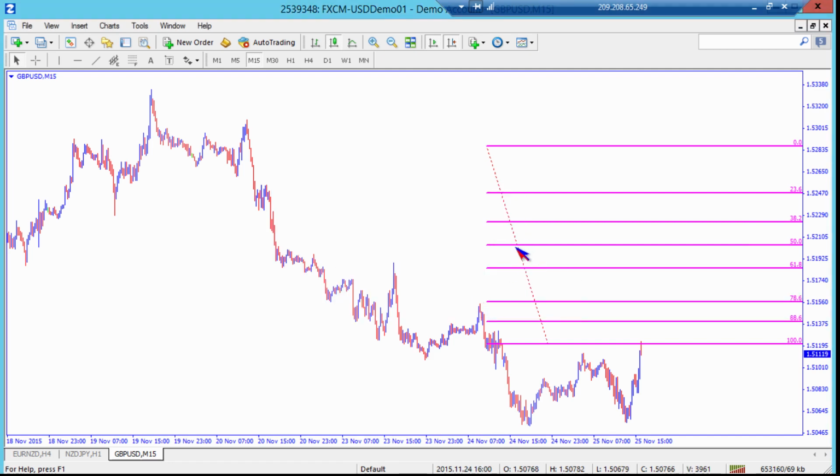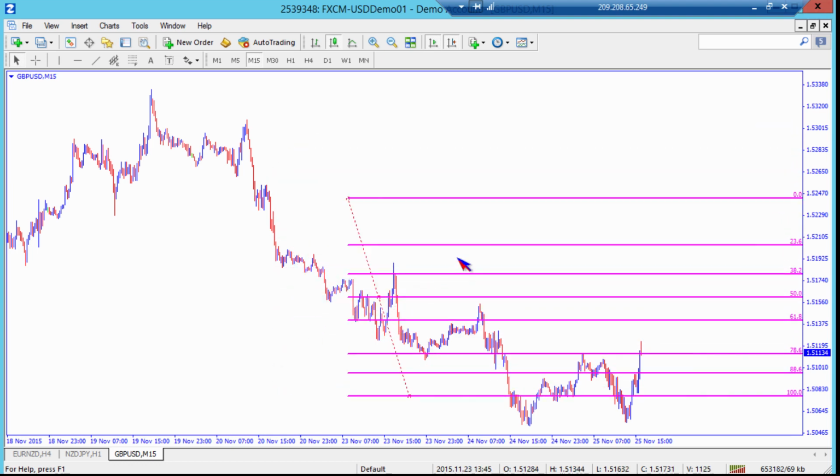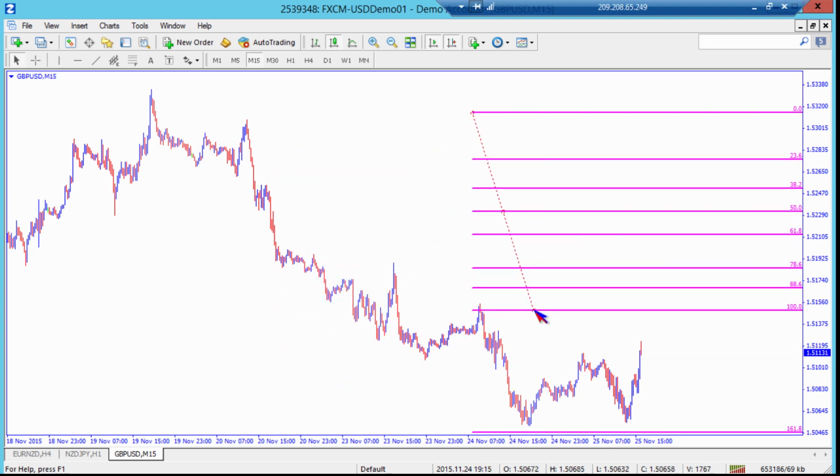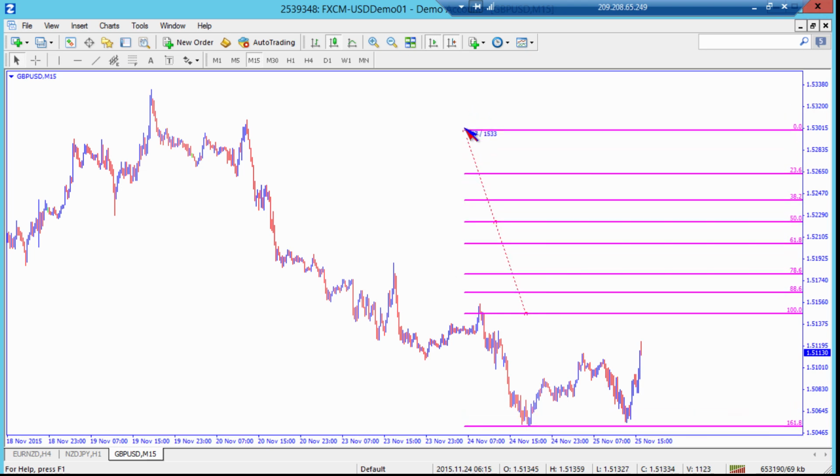With MetaTrader 4, right here, you have this dotted line. You double click it, and you see how it highlights, right? What's interesting with this is you can move it around like that, or you can drag it from the bottom, or drag it from the top.